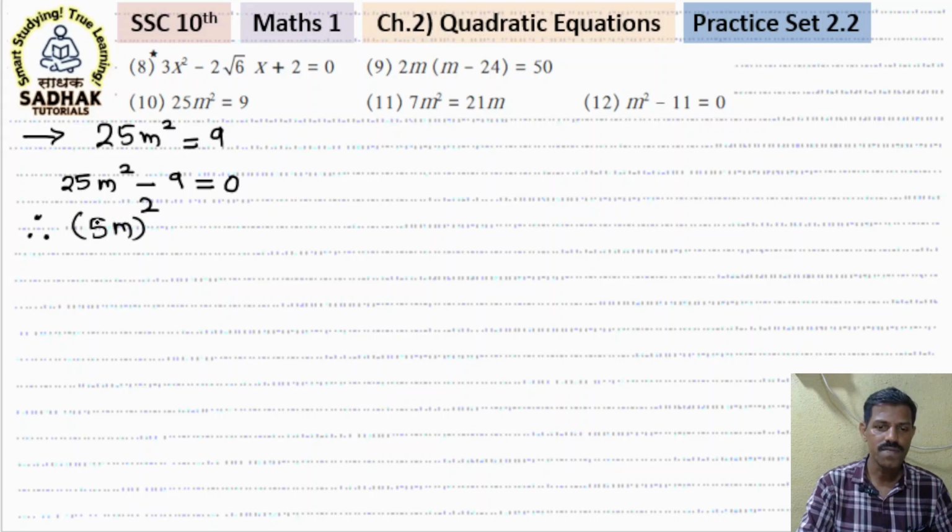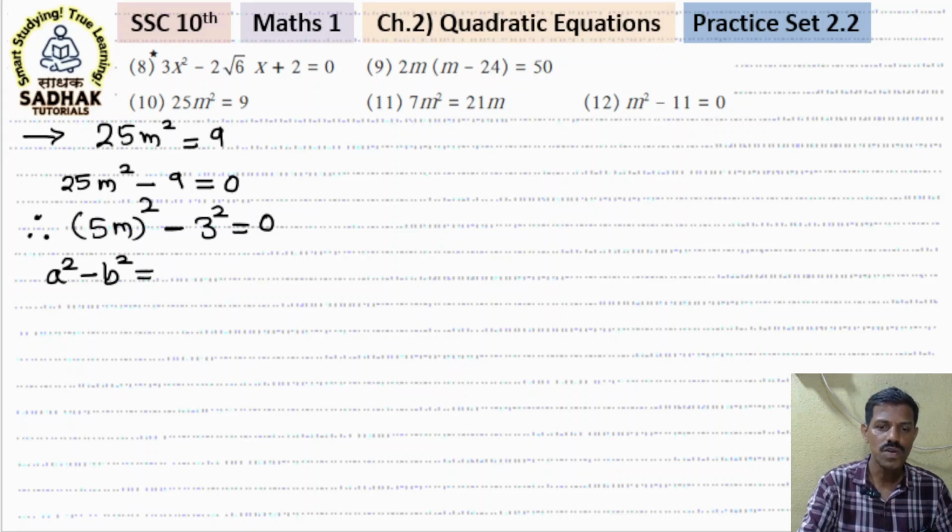So I can write it as 5m the whole square minus 3 square is equal to 0. Okay, fine. Now my friends, you can see that this is of the type a square minus b square is equal to 0, right? Where this 5m is a and 3 is b.